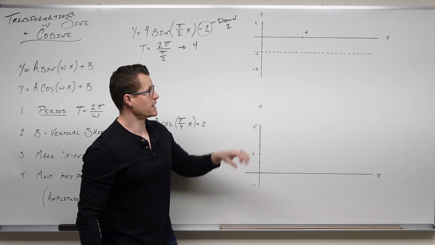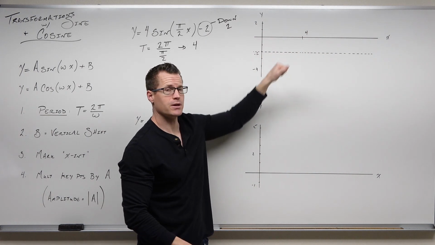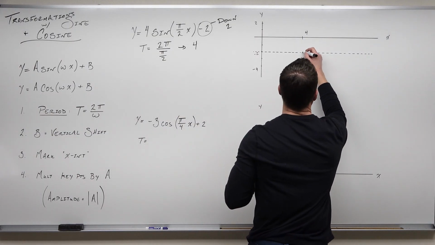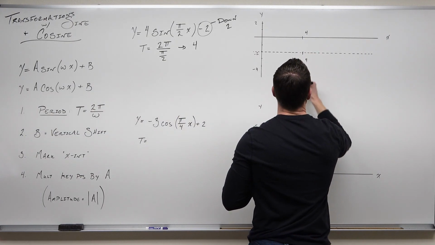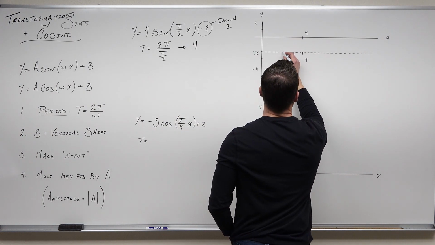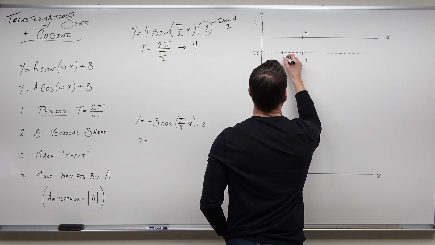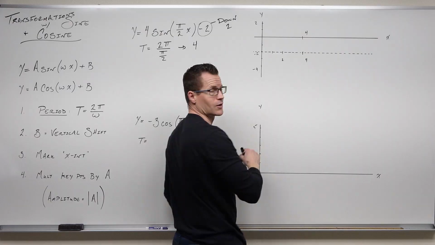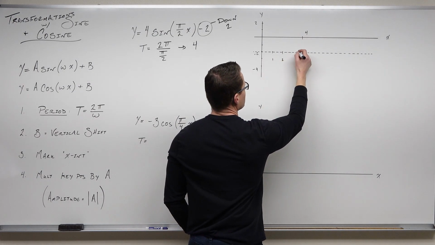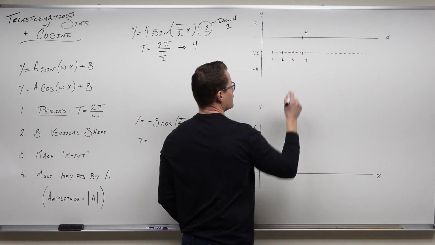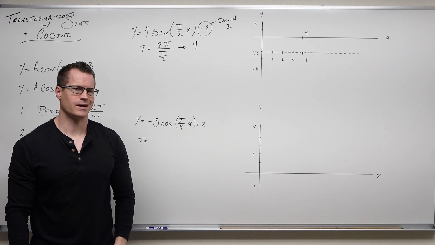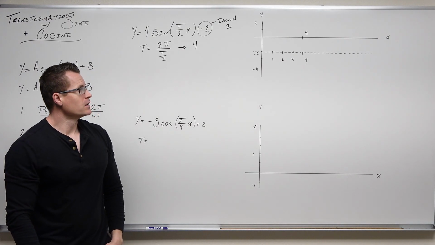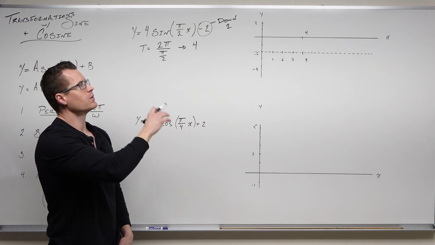If we do this to scale, here's 2, that'd be about 4. Half of that's 2, a quarter of that's 1, and 3/4 is 3. That's kind of nice. 1, 2, and 3. So we've gone ahead and we've done our vertical shift. We've done our period.